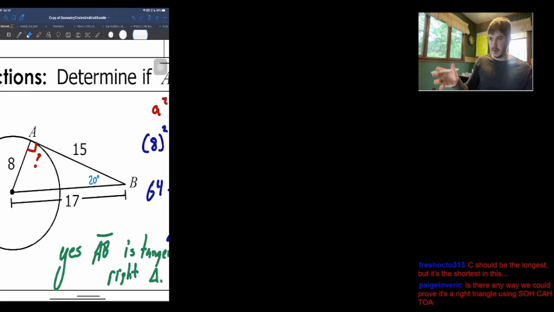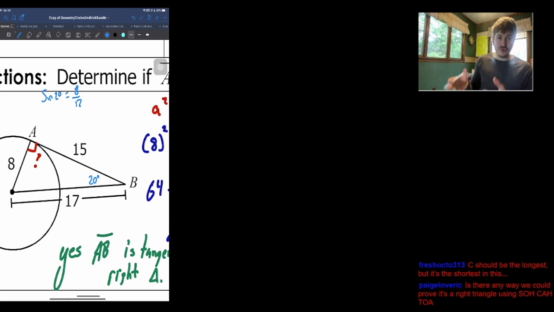You could do the sine of 20 would equal 8 over 17. And you're seeing, in this case, does the sine of 20 equal 8 over 17?